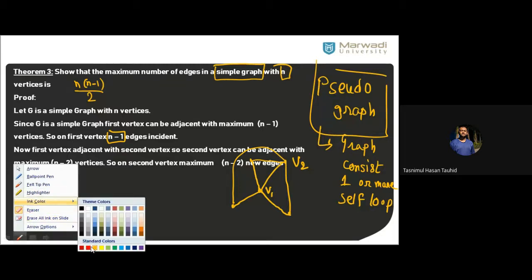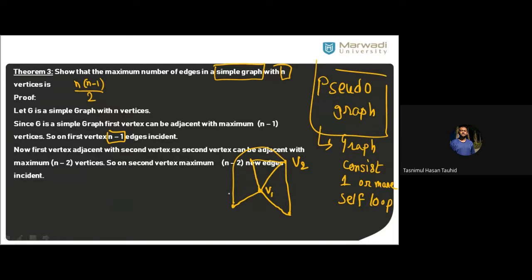The thing is that next I will come to the point V3. So I started with V1. What is the maximum possibility of V1? 4. Because for V1 it's 4 maximum possible connections. For V2 the maximum possible connection is 3. For V3 it should be 2.